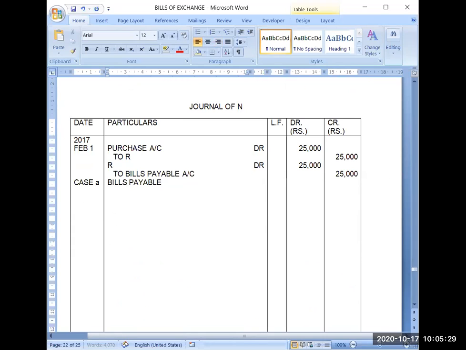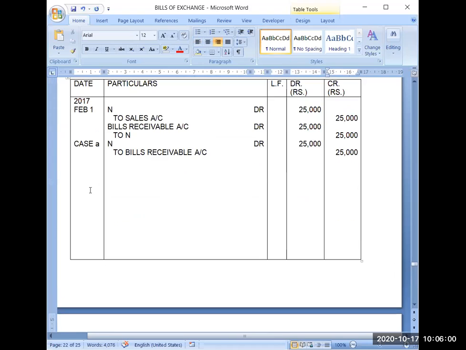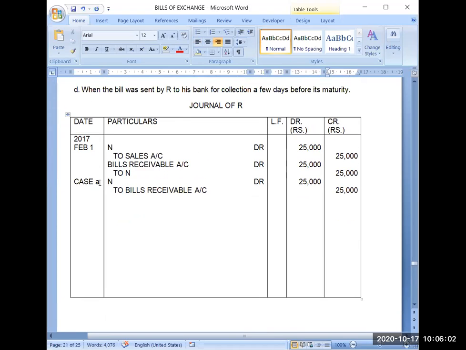Bills payable account debit 25,000 to R, 25,000. So the value of this liability also becomes 0 and R becomes again the creditor. So in case 1, this entry will only be done. Now we need the due date also for making this entry.